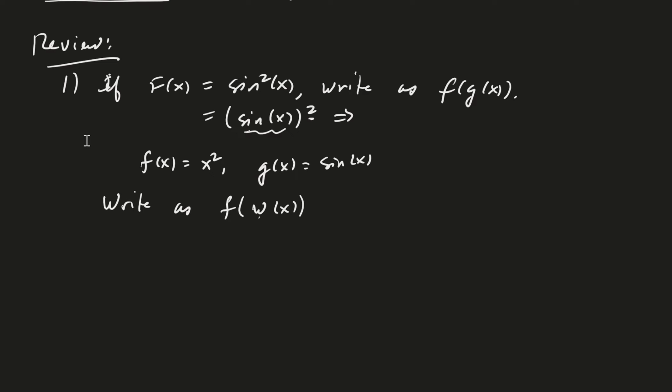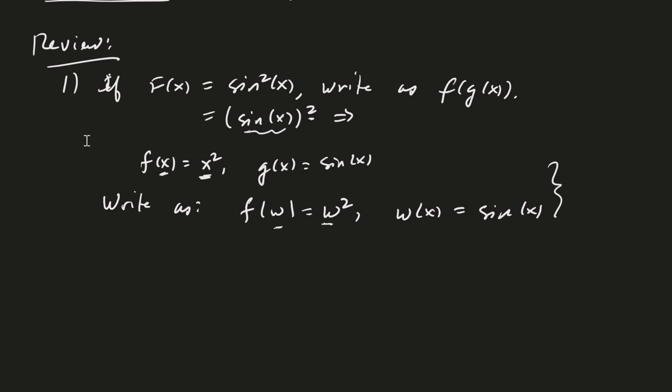We can write it as f of w equals w squared, using a different symbol for the input, and then w of x would be the sine of x. See, these two decompositions are the same thing, but this one is maybe a little bit less confusing because we're using a different symbol for the input of f, right? We're saying that f depends on w, not on x. Okay, so we're going to try this on some others as well.